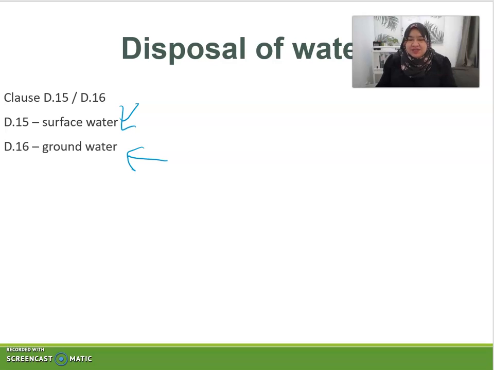As a bachelor degree student, I'm very sure you have gone through this in your diploma studies and also in your semester 3 and 4, and I'm very sure that you know how to describe disposal of water. And the unit for disposal of water, yes, it is item.